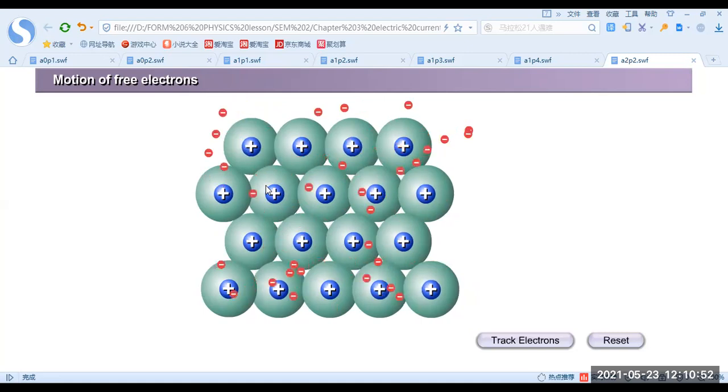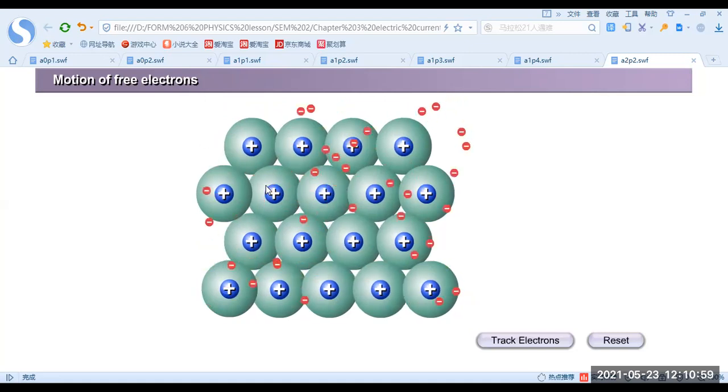Metal can conduct electricity well because metal consists of a lot of free electrons that move randomly and freely. So this means metal has a lot of charge, either positive or negative charge. With more charge, there is more motion.